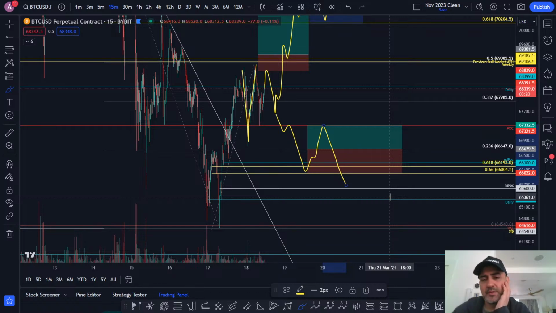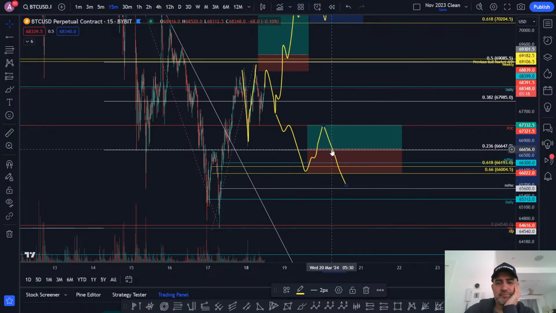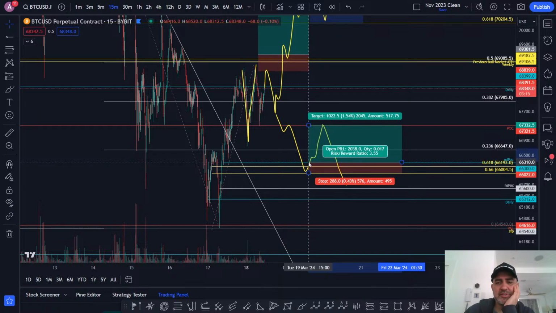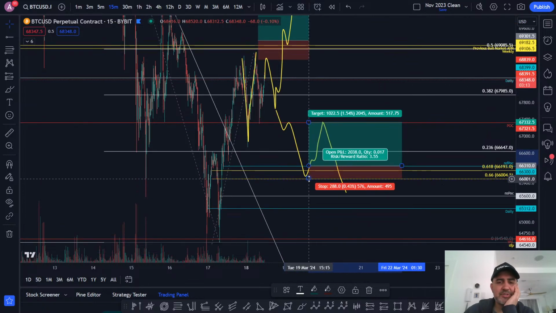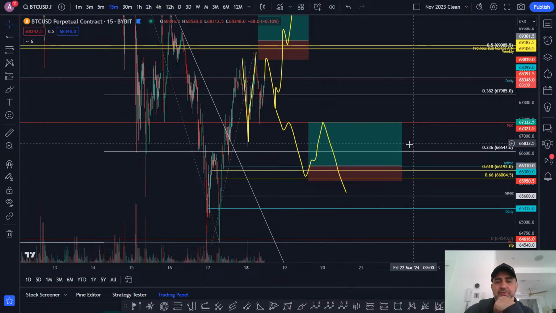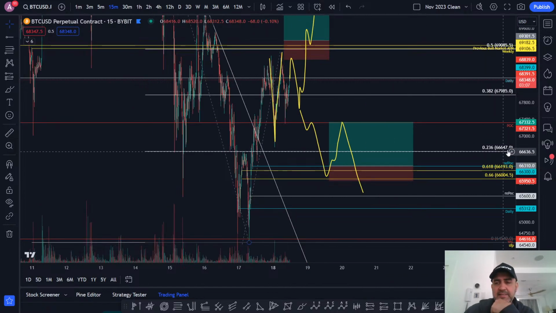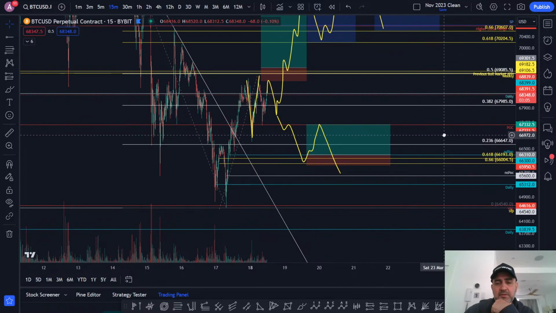That's the problem. So potentially a small invalidation, but you'd have to take your profit at the point of control just in case the price continued down like that. That would be the trouble with that.